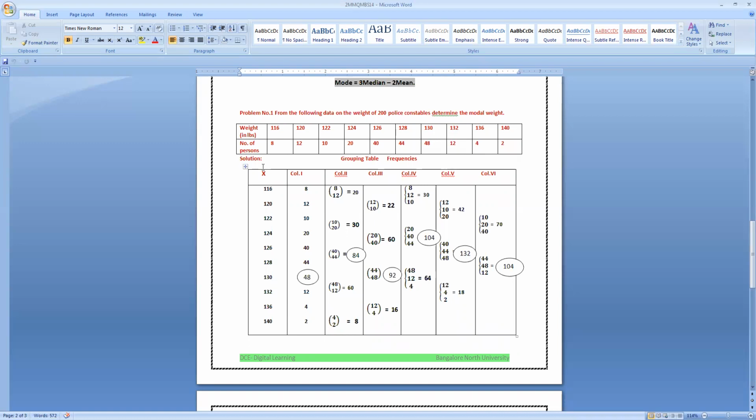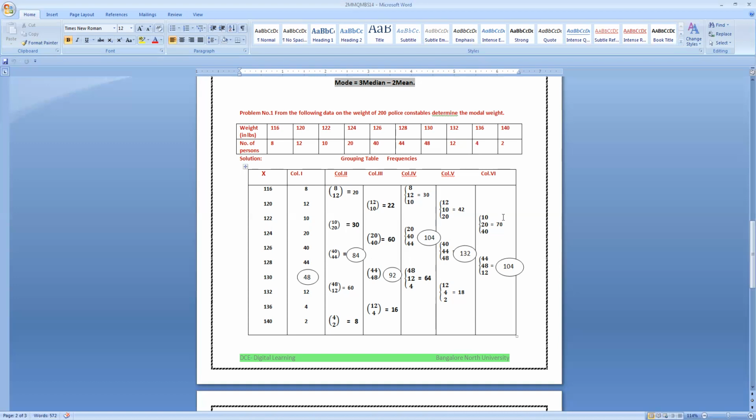And the number of persons: 8 have 116 kg, 12 have 120, 10 have 122, 20 have 124, 40 have 126, 44 have 128. Then 48 persons have a weight of 130, 12 persons have 132, 4 have 136, and 2 have 140. With the help of this discrete series, we have to prepare the grouping table first.